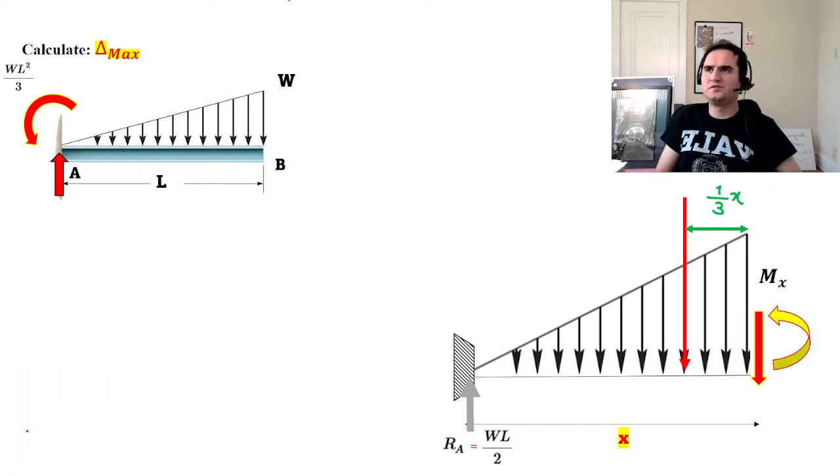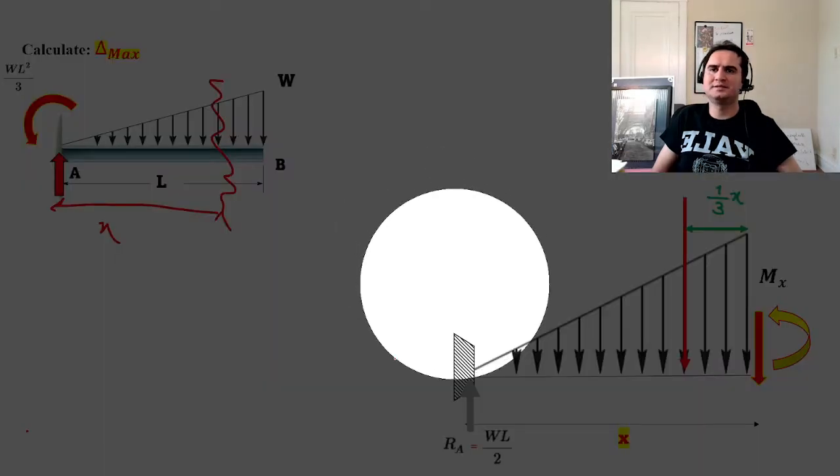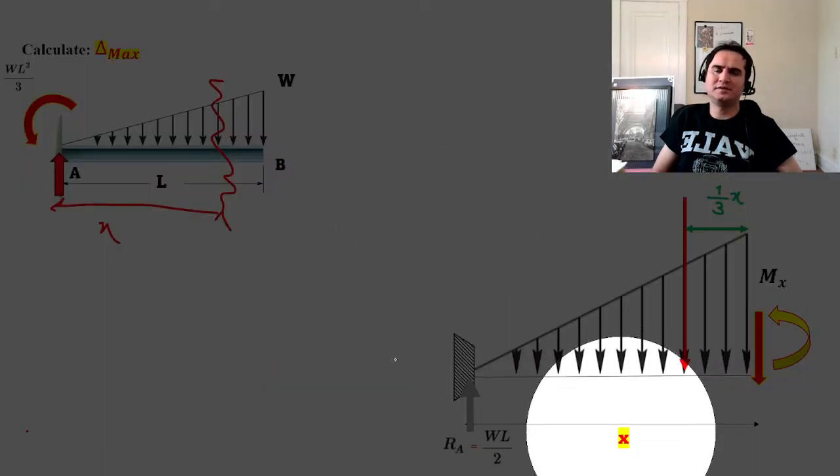Just assume we can cut the beam by a length of x, which you can easily see here. That's a length of x.